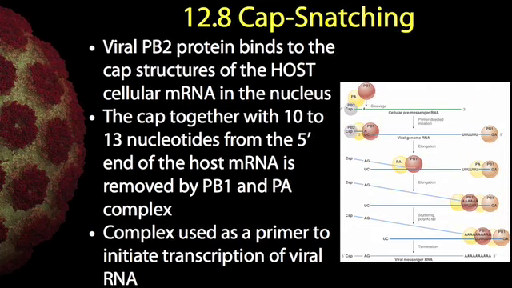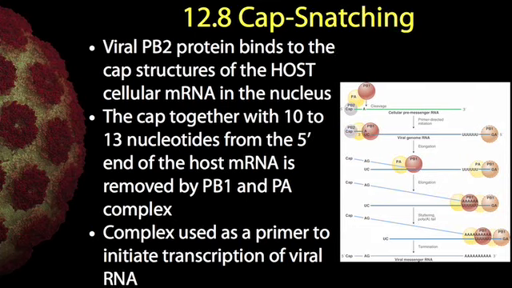It then takes that cap, moves down to a piece of viral RNA, and then uses this as a primer to essentially transcribe a complementary copy of RNA. So at the end of this replication process, the virus has taken a cellular cap and attached it to a piece of viral RNA. Okay. This capped RNA can then be exported from the nucleus and translated into a protein. Okay, a process known as cap snatching.